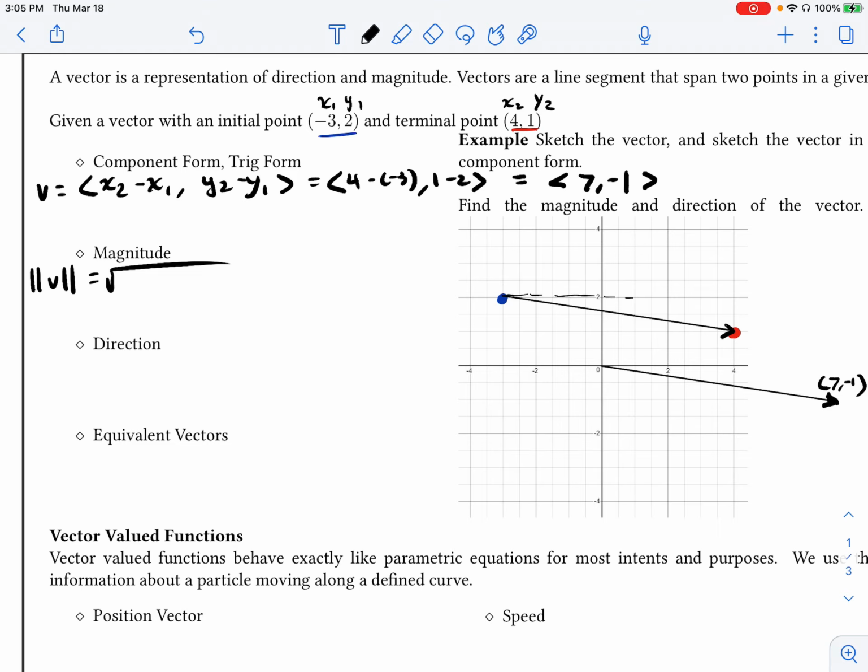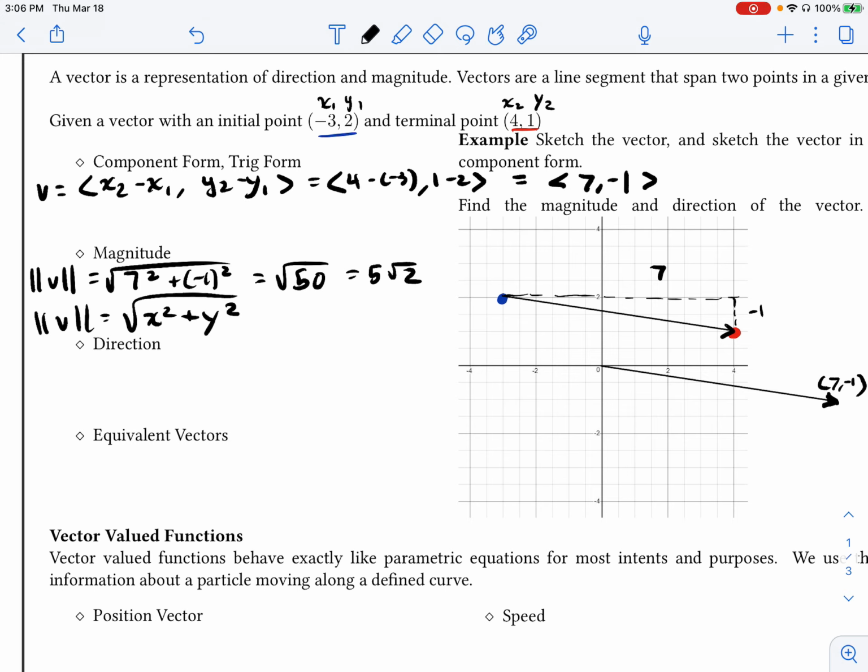Our horizontal distance here we know is 7, so we'd say 7 squared. And our vertical distance here is -1, so we'd say plus -1 squared. So that comes out to root 50, which we can then simplify as 5 root 2. And so in general, a vector's magnitude is simply the distance formula using our horizontal and vertical components.